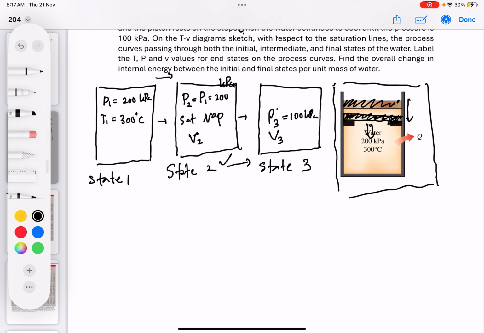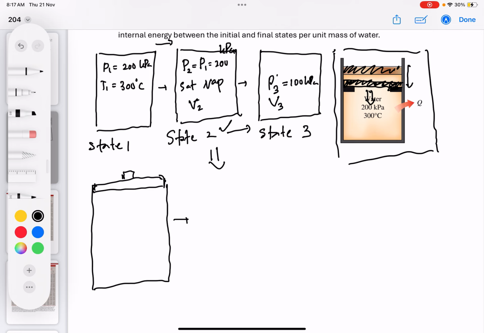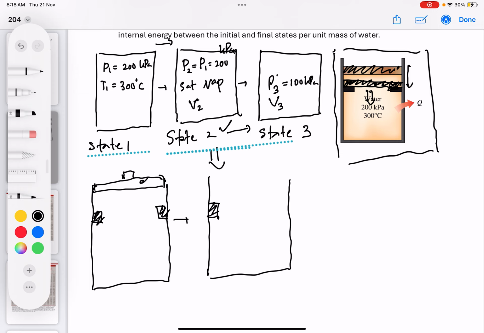So if I draw my piston cylinder diagram, it's going to look something like this. Initially, I have a piston and a cylinder, and the piston looks something like this. So this is my initial state. At state number 2, because it was allowed to cool down, and I have a stop here, this is my stop, the piston is going to move down for the cooling process.